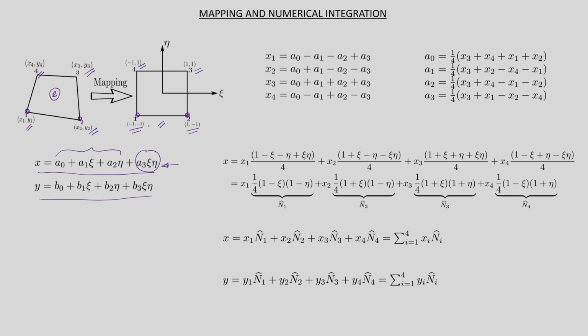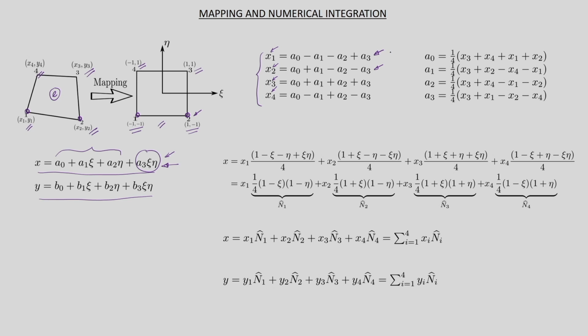So, if we put xi equal to -1, eta equal to -1 in this relation, we get the first relation here. Similarly, xi equal to 1, eta equal to -1 will give us this. Likewise, all these 4 corner points will give us these 4 equations, where x1, x2, x3, x4 are known to us because we know the coordinates of the quadrilateral element in the physical space.